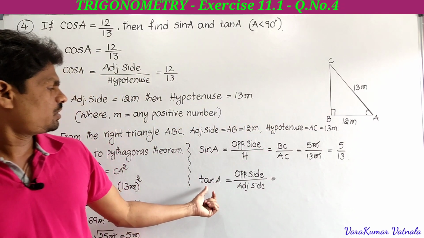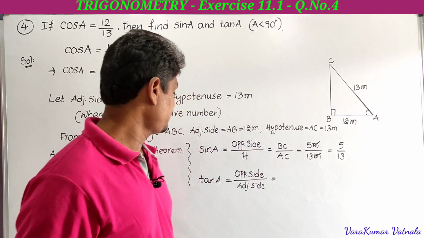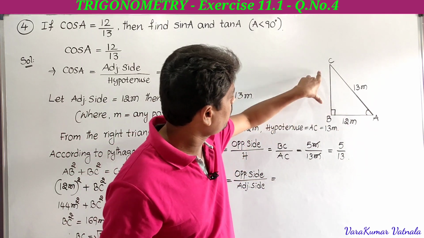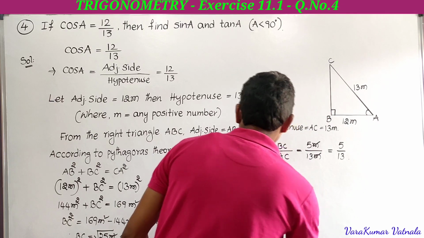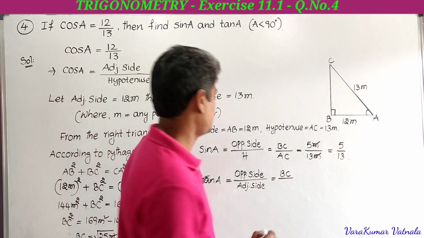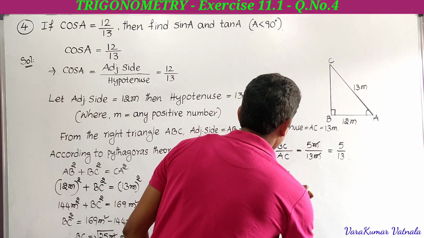So tan A is equal to opposite side to angle A divided by adjacent side to angle A. What is opposite side to angle A? BC, divided by adjacent side to angle A, which is, sorry, AB. BC by AB.